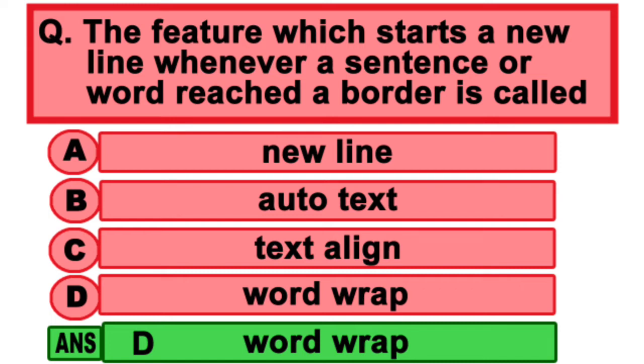Pressing the enter key at the end of your line will move the cursor to the start of the new line. Pressing the shift key and enter key at the same time at the end of your line will move the cursor to the next line, without any paragraph breaks, spaces between the lines. The correct answer is answer D, word wrap.